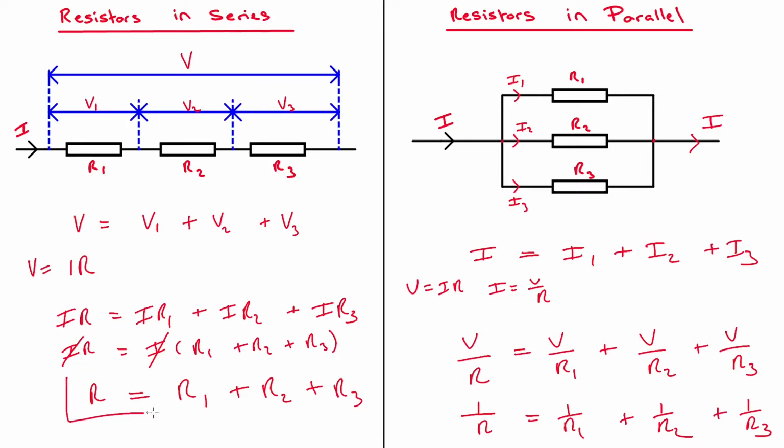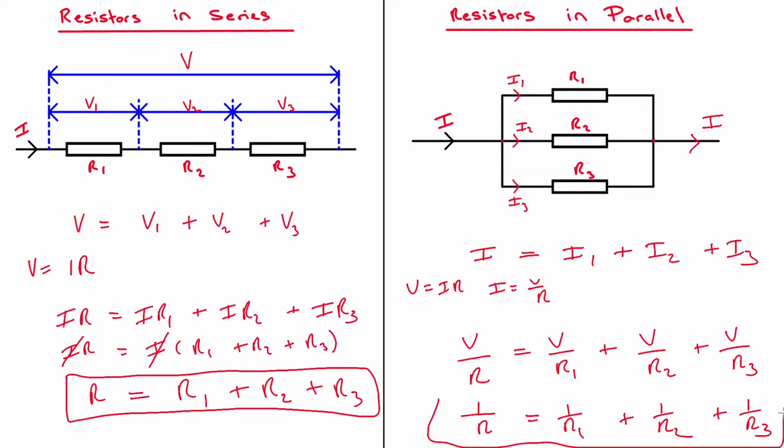So there we have it. We've got a formula for working out the effective circuit resistance when we have resistors connected in series, and also then here when we have them connected in parallel.